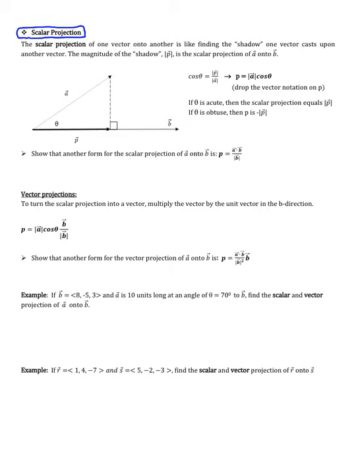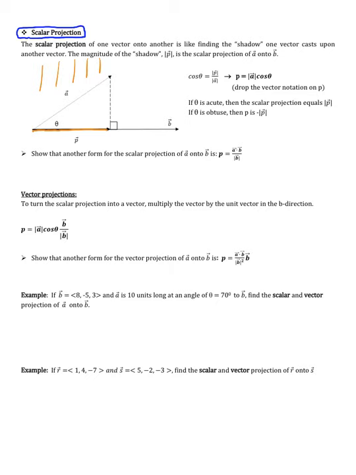So a scalar projection is kind of like if you had, let's say, a lean-to or something, and you have the ground down here, and let's say it was raining. Well, a scalar projection is kind of like the shadow, the perpendicular shadow that gets created by this awning on the ground.